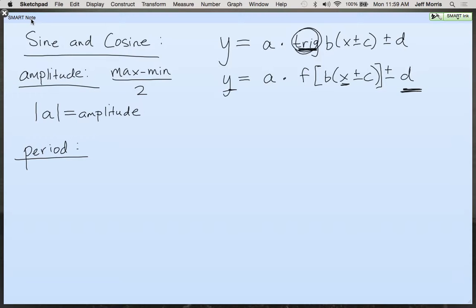Now, when we talk about period, there's 2 ways to think about it. I can say that Heidi's birthday is periodic. If today was her birthday, 5 years from now, it's going to be her birthday again. Would you agree? That's period.